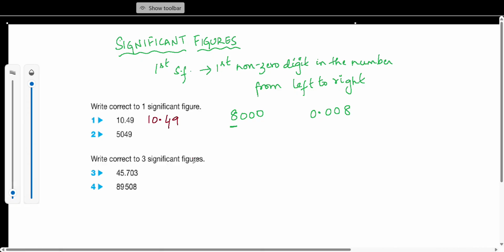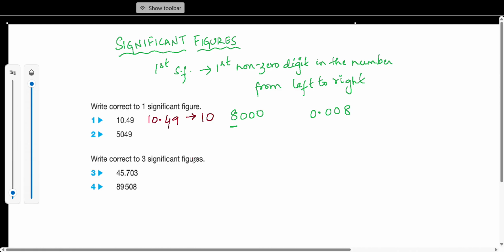Even if you choose to ignore the decimal, 10 is the whole number. In 10, it is 1 and a 0. The 0 at the trailing end does not have a value because it does not have anything else after that. So when we write 10.49 correct to one significant figure, the answer will be just 10.